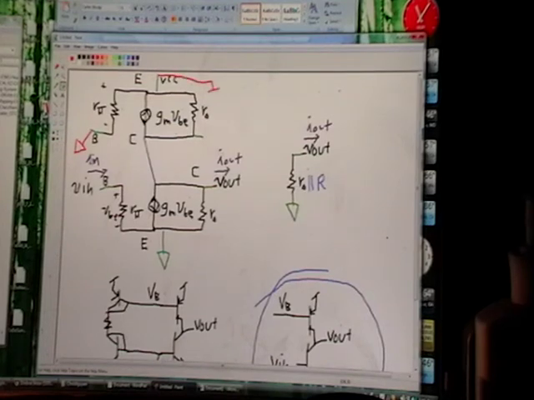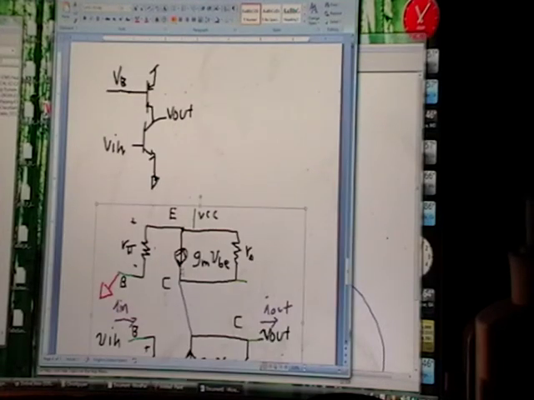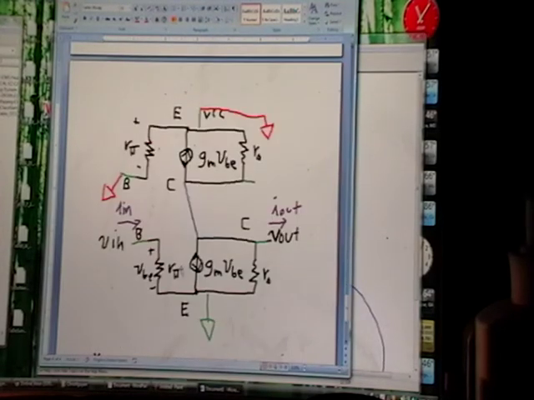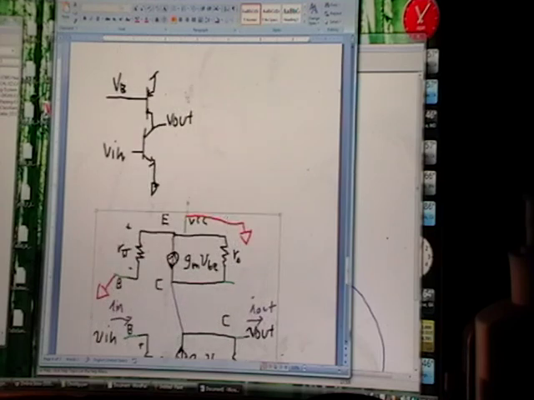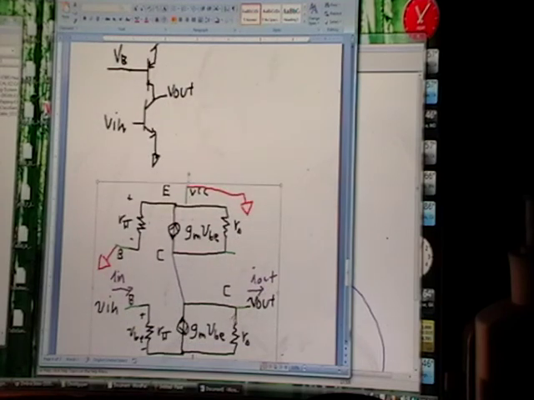Yep, any DC source becomes grounded. So let's do that. Okay, any DC source is grounded. So there's our original circuit. Replace things with the small signal model.